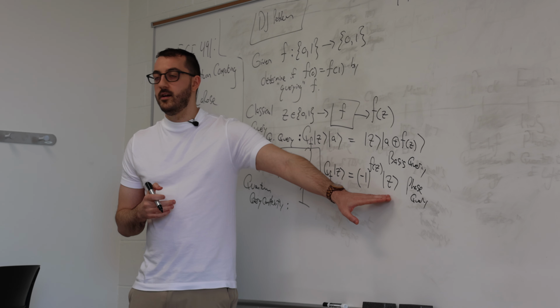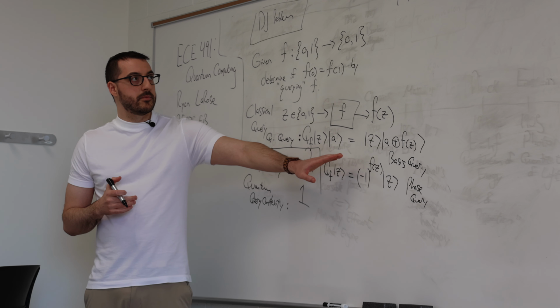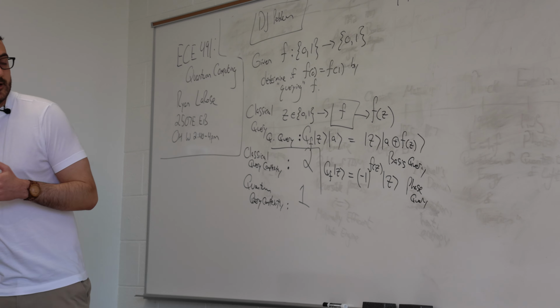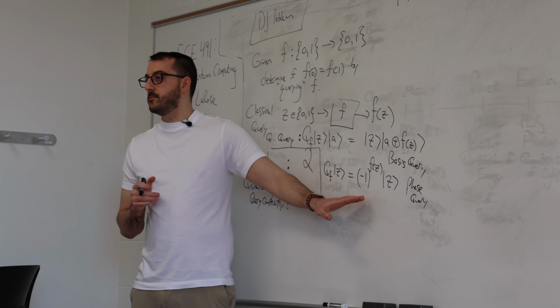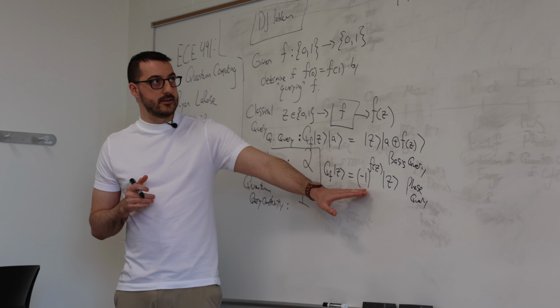Okay? There's really no analog for this. You can think about probabilistic computing where you have positive numbers between 0 and 1. But famously in quantum mechanics and quantum computing, we're allowed to have negative numbers. We're even allowed to have complex numbers. So this we'll come to know as a phase.